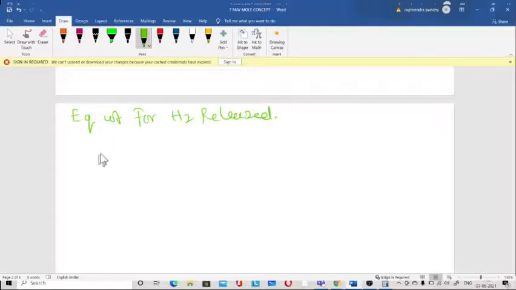Suppose there is sodium metal. Take this example: it reacts with HCl, so it will give NaCl plus a hydrogen atom.